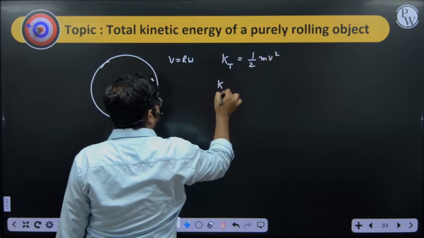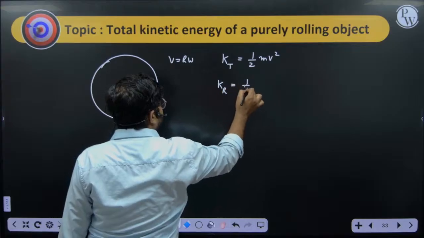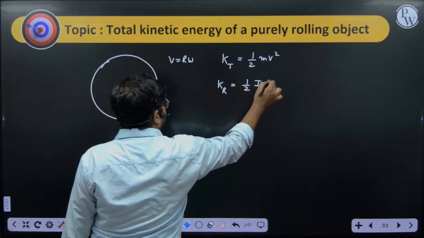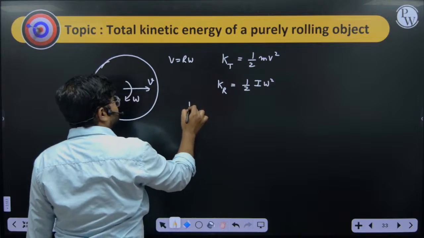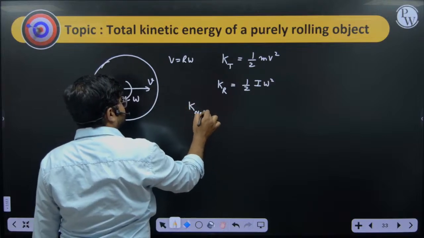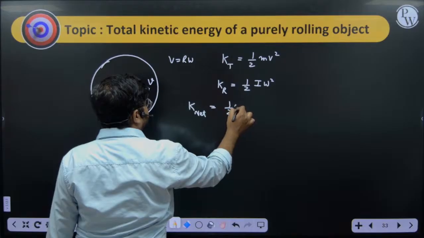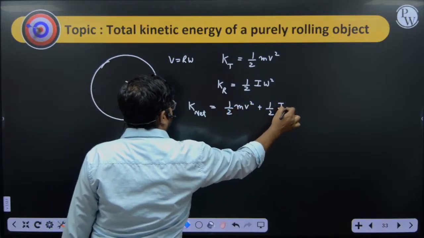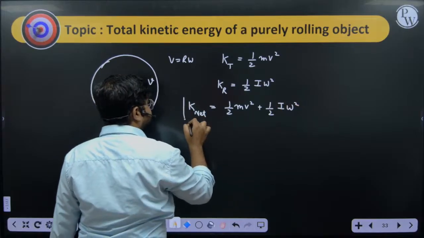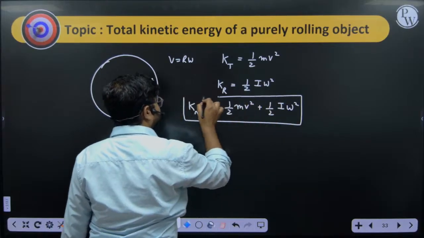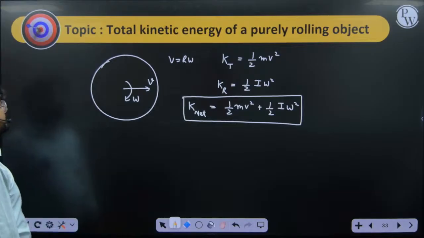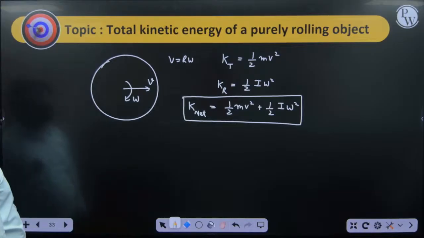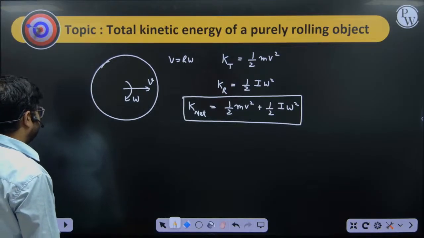Its rotational kinetic energy is written as half I omega square. So its net kinetic energy is half mv square plus half I omega square. So this is the total kinetic energy of a purely rolling object.